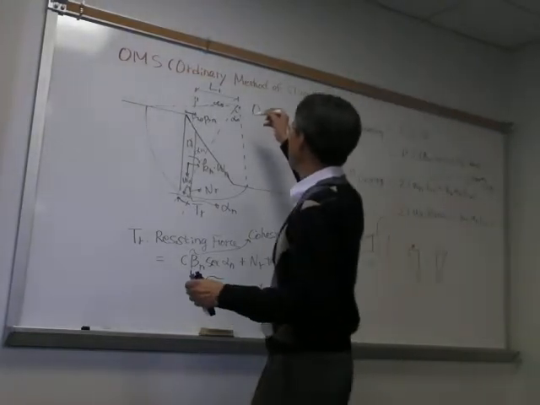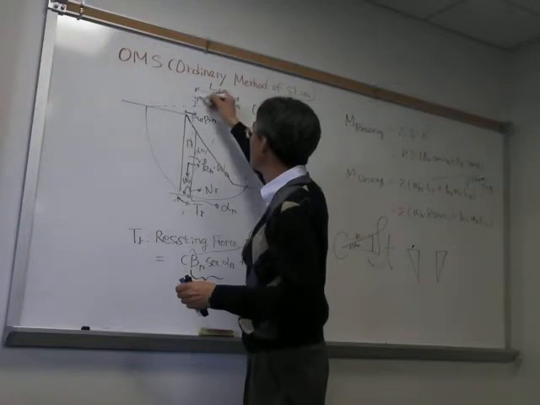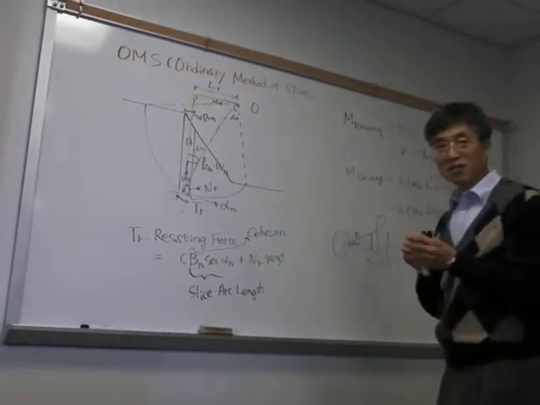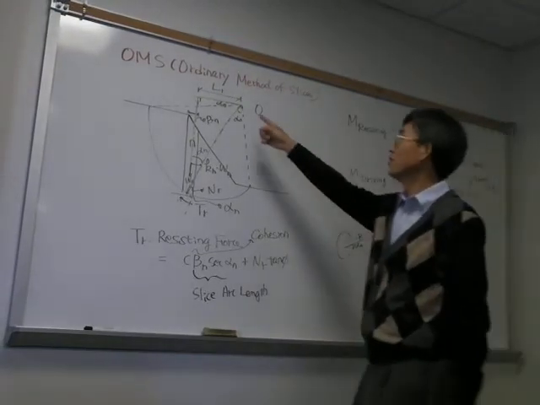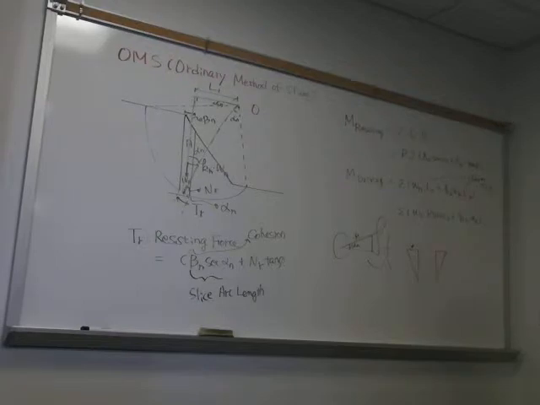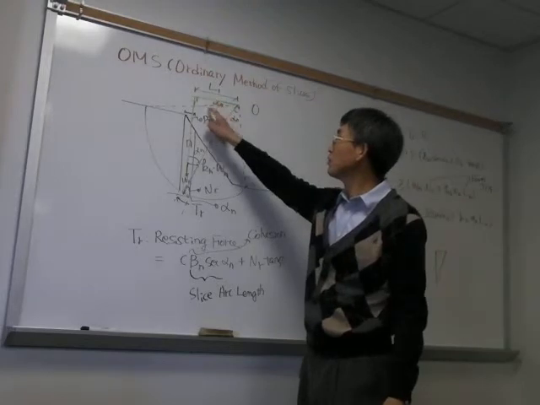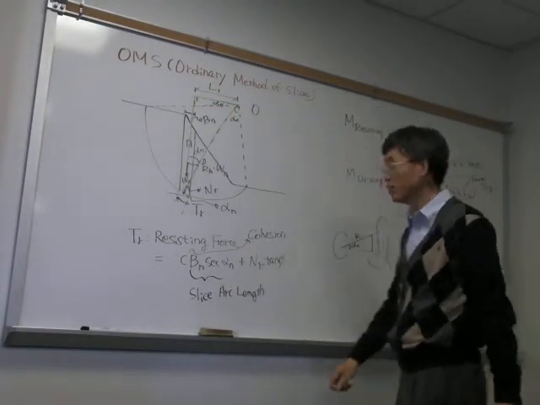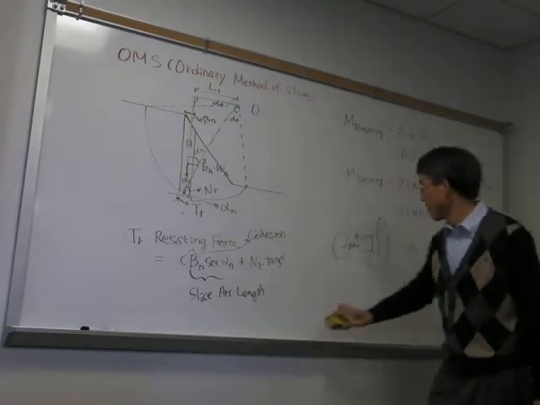Oh, okay, I see now. I was looking at that little one, and the sine of that gives you that little vertical. You need that vertical, I got it. After you figure out this one, you can find this one, but we don't need to know this length. I was just looking at the wrong one.